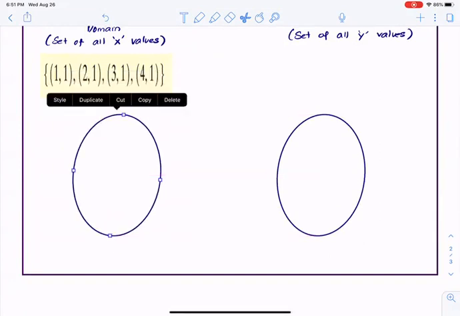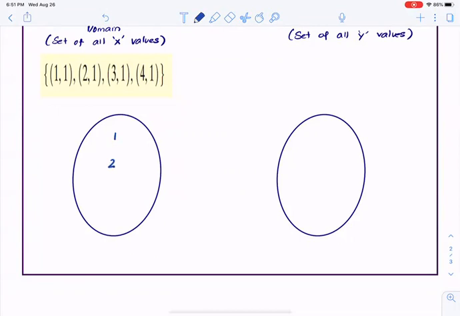Okay, so in the next problem, we have 1, 2, 3, and 4. Those are the x values that we have. The corresponding y values, they're all 1. So 1 is all we've got here.